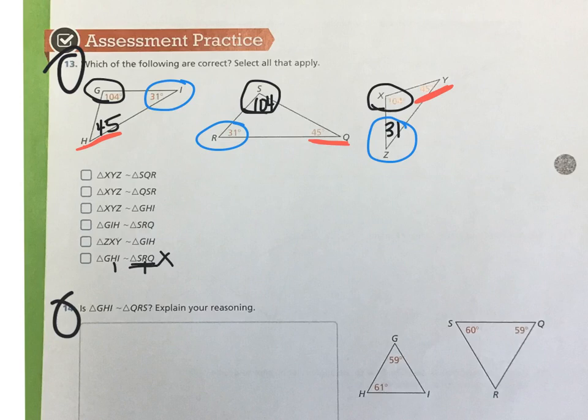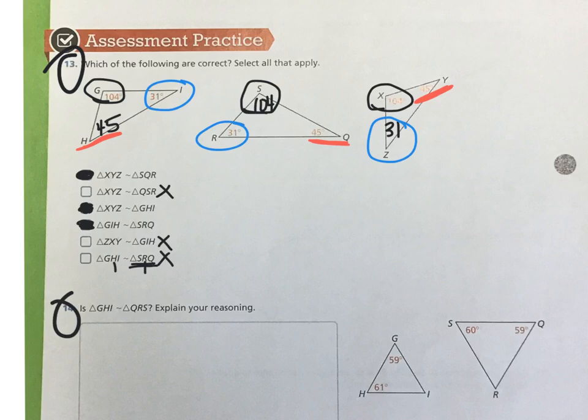Come back and check to see if you marked the correct angles. I tried to color coordinate these angle measures on the triangles to help with naming them. So triangle XYZ is similar to triangle SQR, and if you look at how the colors coordinate, X is black, Y is red, Z is blue.